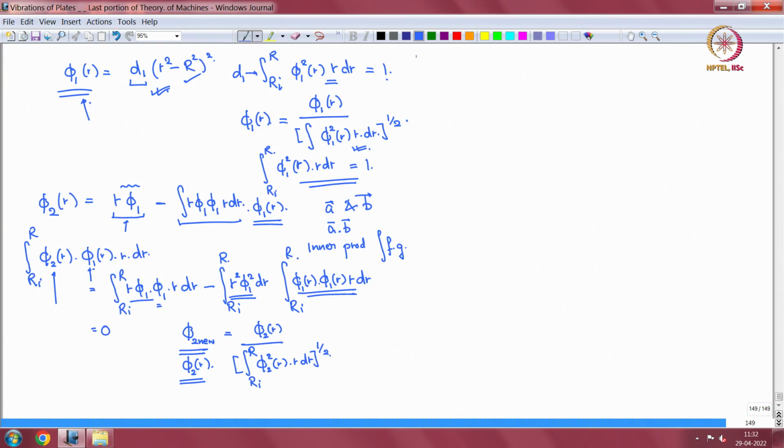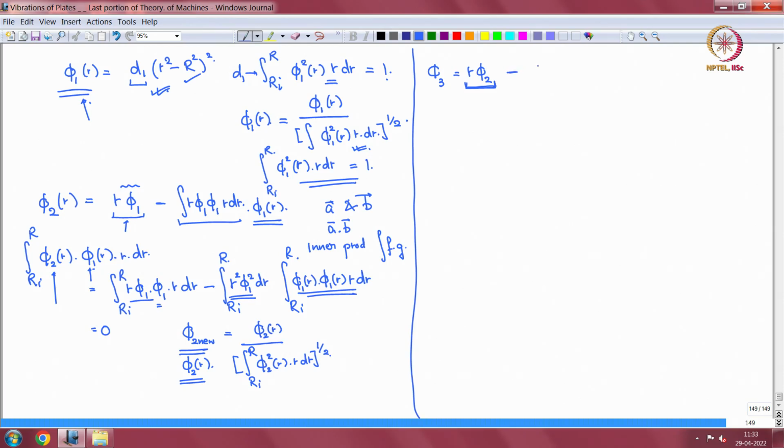Now how do I do phi 3, as the last one I will show? Phi 3 is r times phi 2, but I need to take out the part of phi 1 in it and the part of phi 2 in it.